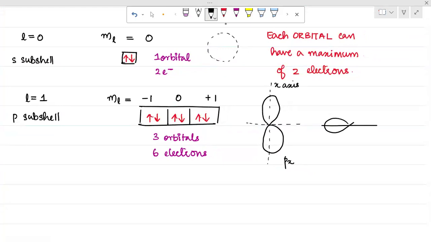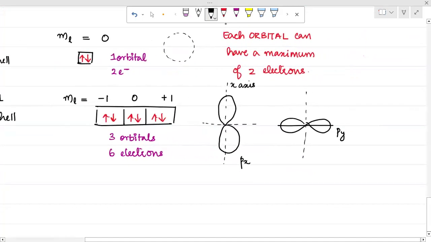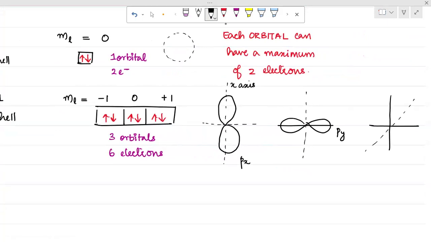And if it is oriented along the y-axis, it is py. And if it is oriented along the z-axis, it is pz. Okay. So corresponding to the 3 values of ml, you have got 3 orientations. And those 3 orientations are px, py, pz is how you represent it.